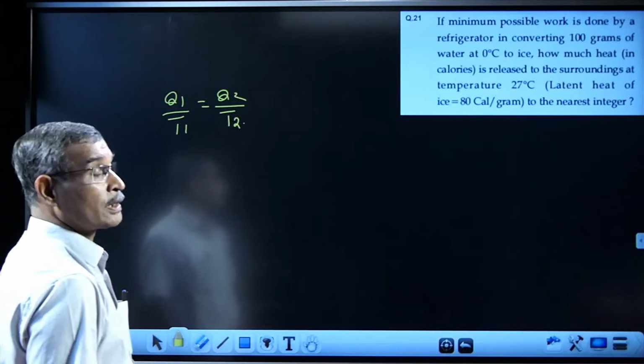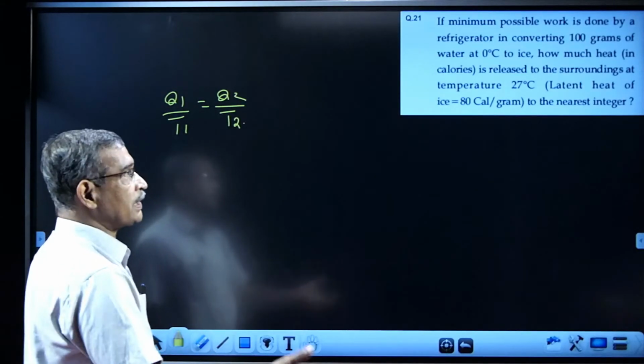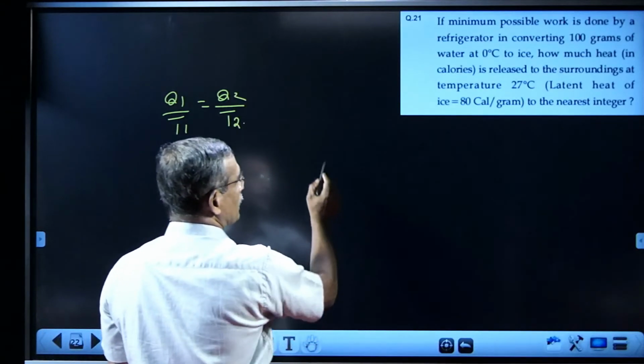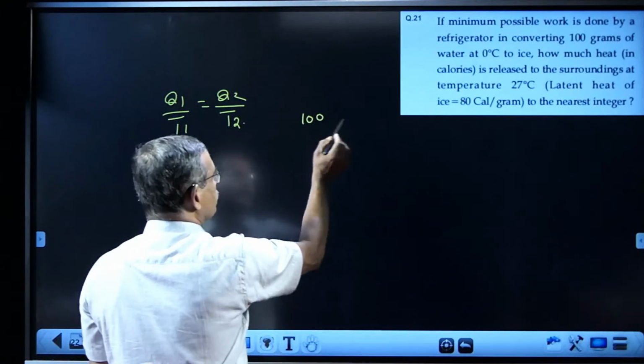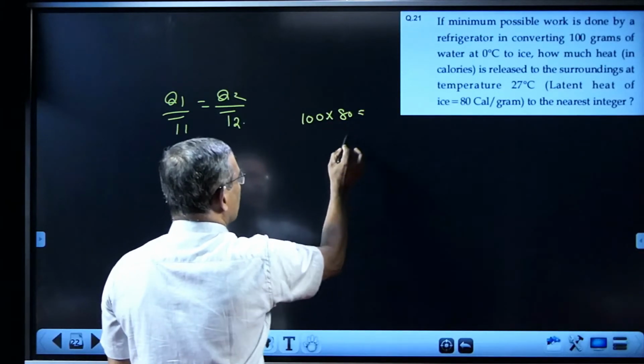The heat absorbed from water is 100 grams into L, 80, equal to 8,000.